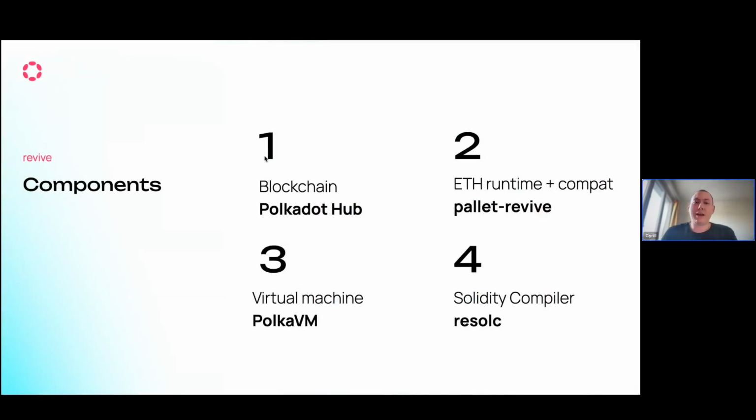To explain this, I think we have four puzzle pieces when we want to have contracts on a blockchain. We first need a blockchain, and then we need some runtime to help contract execution. Then we need a virtual machine to run the contract's code, and we also need a Solidity compiler if we want to support Solidity, not like deploying PolkaVM.